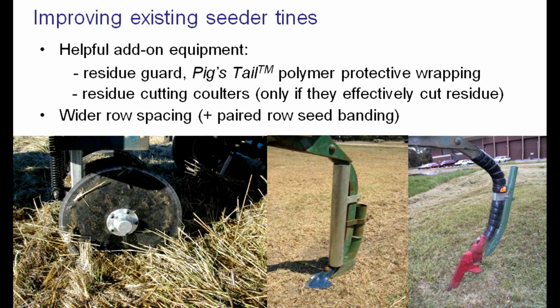And also the use of residue cutting coulters. Now, the coulters can work if they cut through residue, and that'll make a big difference. But if they don't, for example, if you operate in soft soil and wet residue and they just hairpin or kink the residue, that actually creates bigger problems behind for the tine system. So the use of residue coulters is really warranted if you can actually manage to cut through residue.